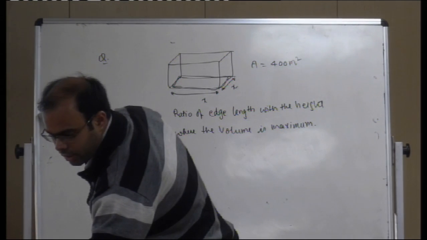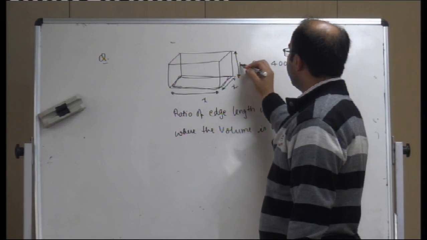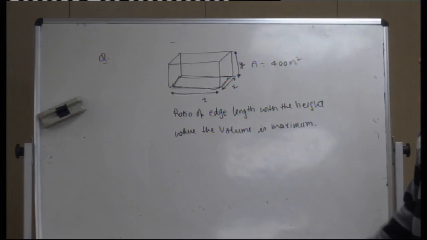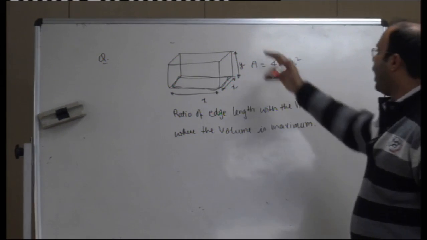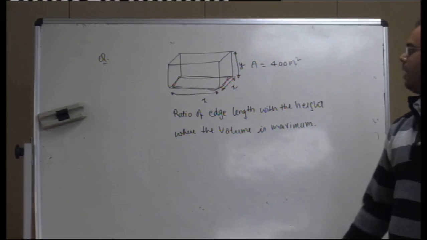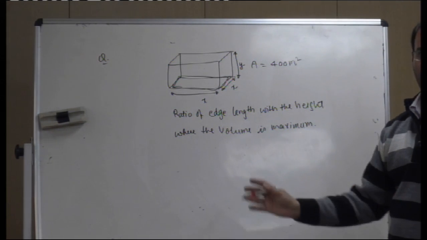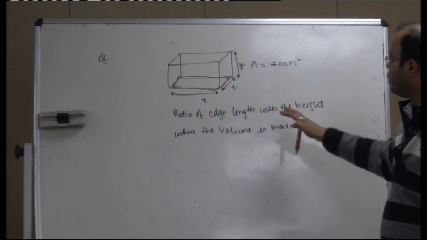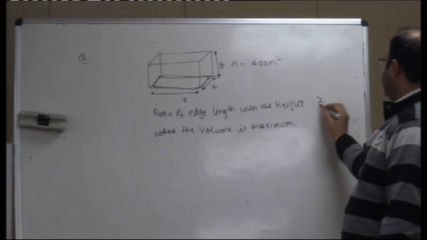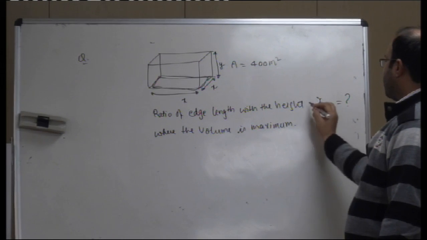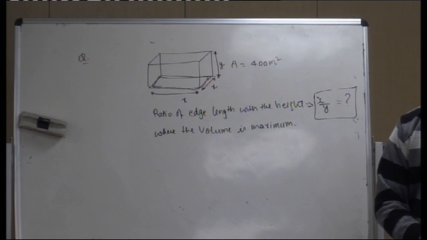The height of the wall we have taken as y, and you have to find the ratio of edge length, which means x, with the height, that means y. This is what they are asking, and it is given that its volume is maximum.